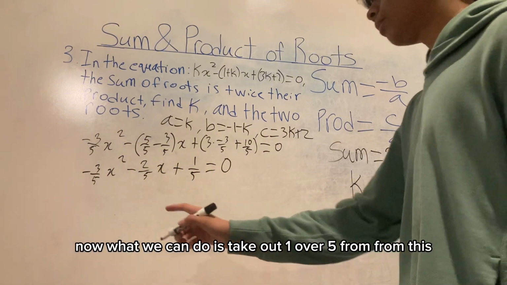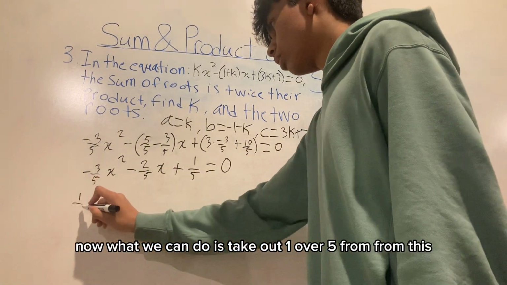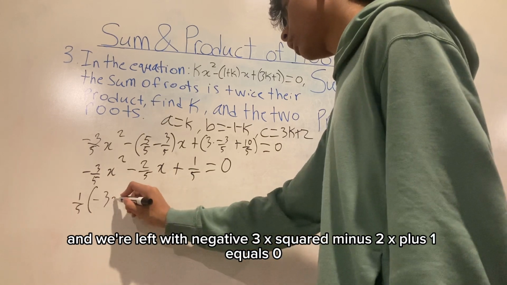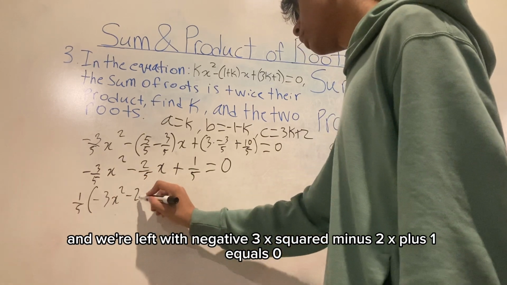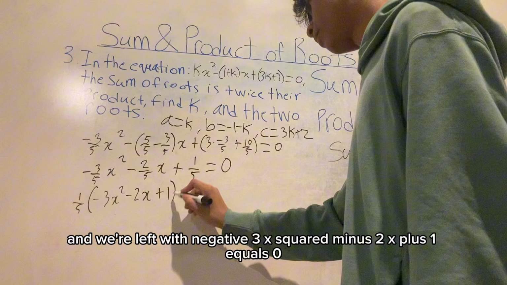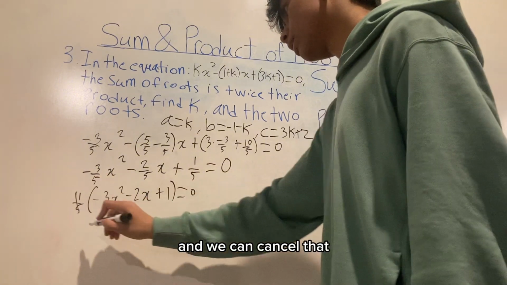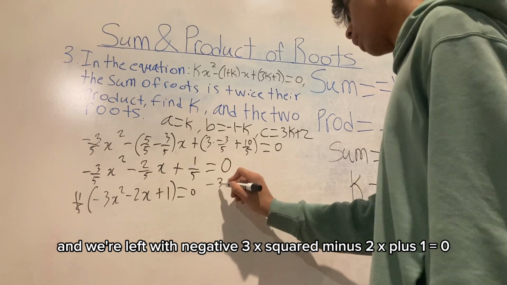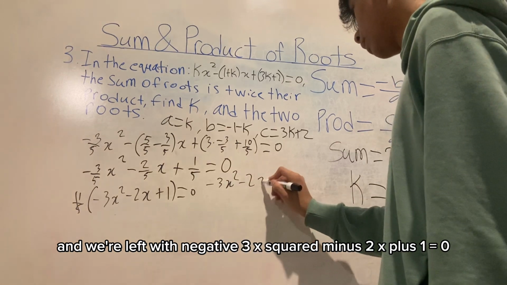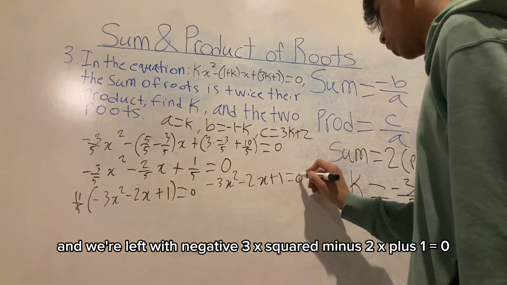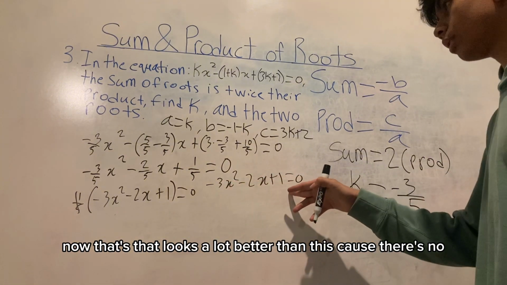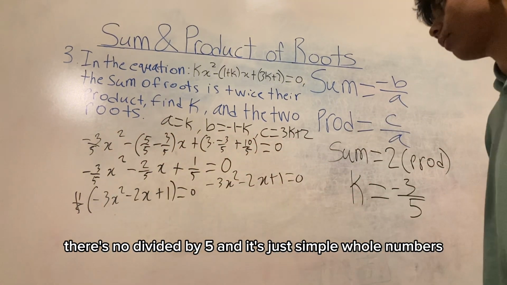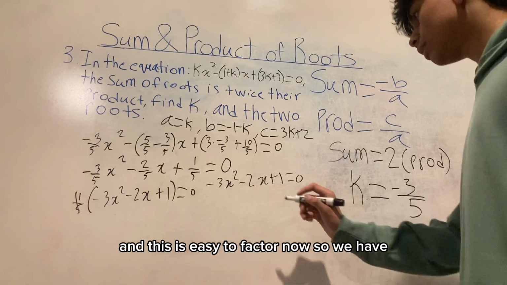Now what we can do is take out 1 over 5, and we're left with negative 3x squared minus 2x plus 1 equals 0. That looks a lot better because there's no dividing by 5 and it's just simple whole numbers. And this is easy to factor now.